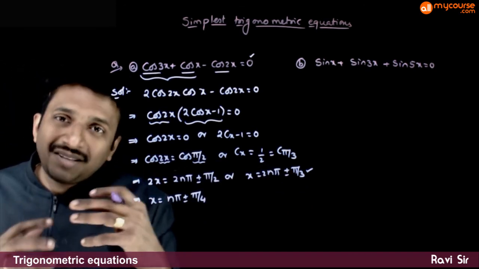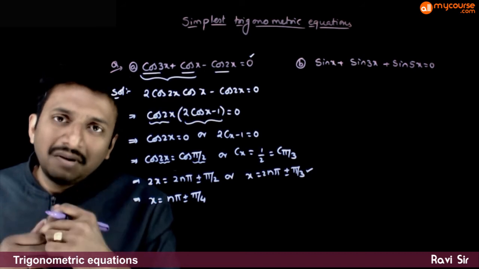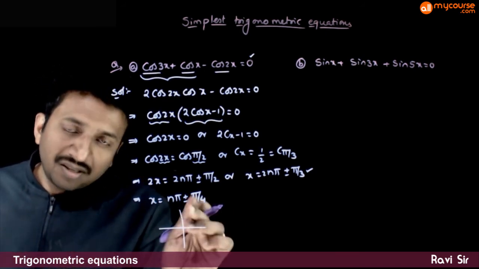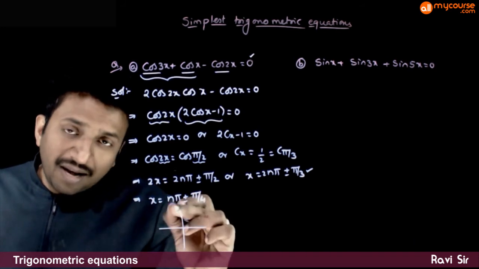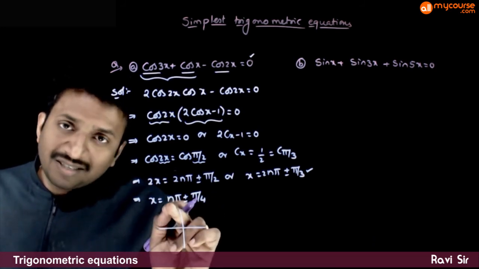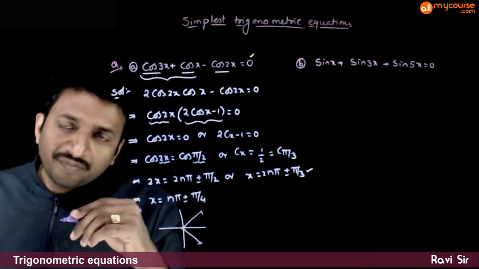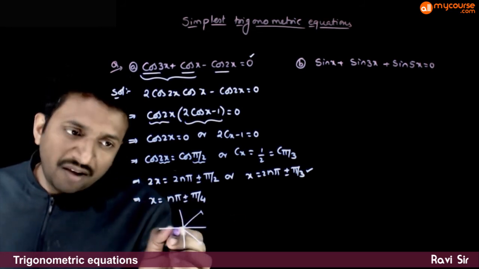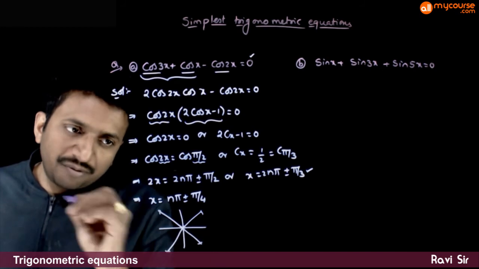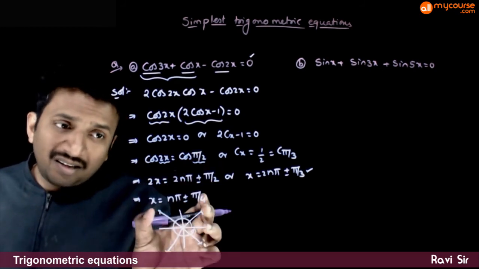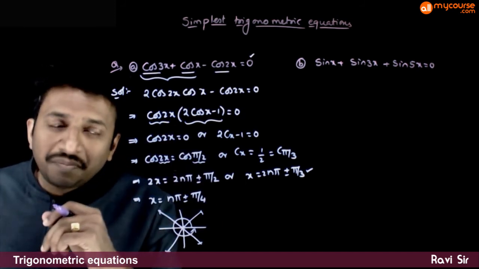If you're asked to find the principal solutions also, you can find them very easily. Corresponding to this, the positions that are valid are n pi plus or minus pi by 4. If n is equal to 0, you have plus or minus pi by 4. If n is equal to 1, you have pi plus or minus pi by 4. So these are the 4 positions which ensure that cos 2x is equal to 0.